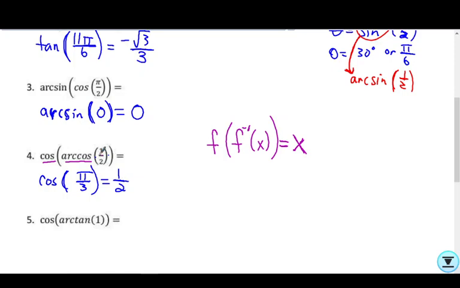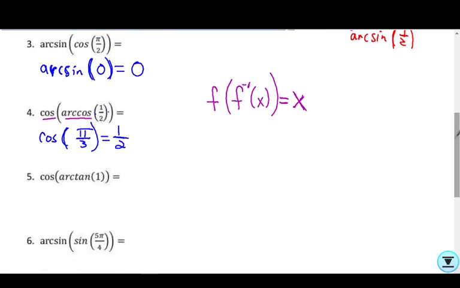Now, the problem with the arc cosine is that it doesn't always work that way. Since it's got a restricted range because of the restricted domain, it doesn't always work that way. You can't just say, oh, these two are inverses, I get 1/2. And I'll show you what I mean in just a minute. Okay? But it's close.